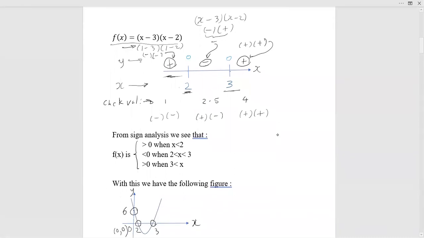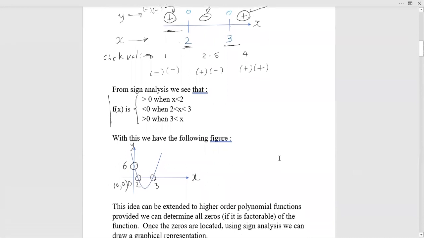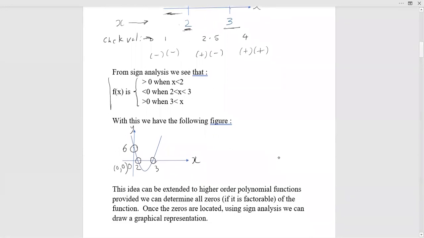So I wrote the sign analysis result here, what happened in each region, and I did the graph using that sign analysis result. Below 2, f is positive. Between 2 and 3, the graph is negative. After 3, the graph is positive.